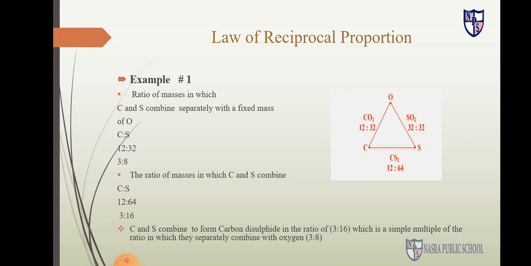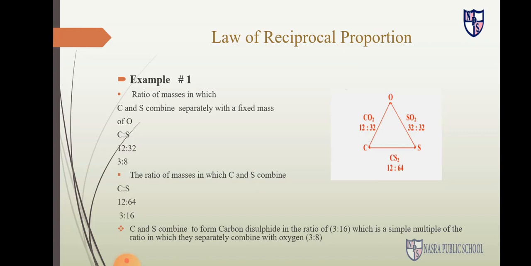Now look at the ratio of masses of carbon and sulfur when they separately combine with oxygen. It is 12:32. 12 is for carbon and 32 is for sulfur. And to get its simplest or reduced form, it would be 3:8. 4 3s are 12 and 4 8s are 32.